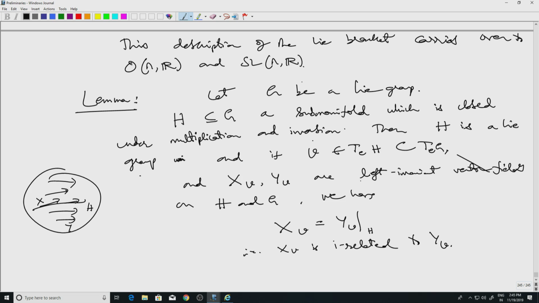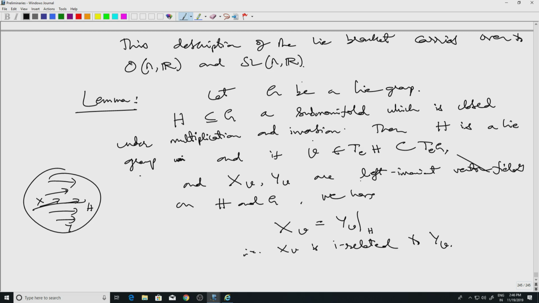But for us, since we are interested in describing the Lie bracket on the subgroups, the important thing is the following. If I start with a tangent vector V at the identity to H, so V belongs to TEH, which is a subspace of TEG.